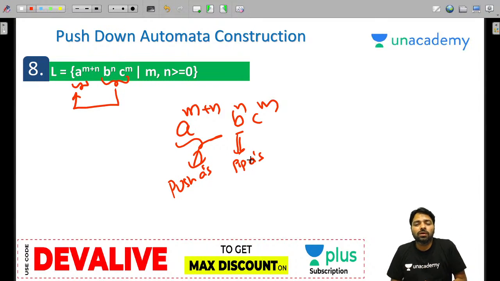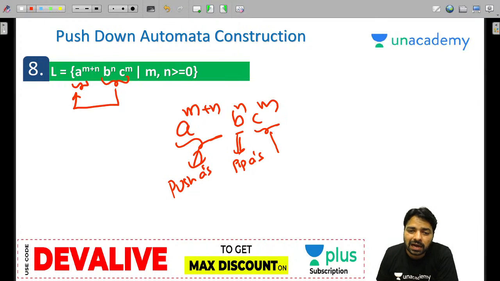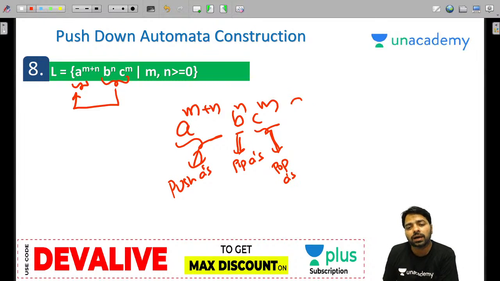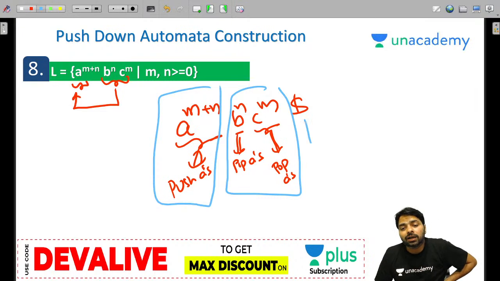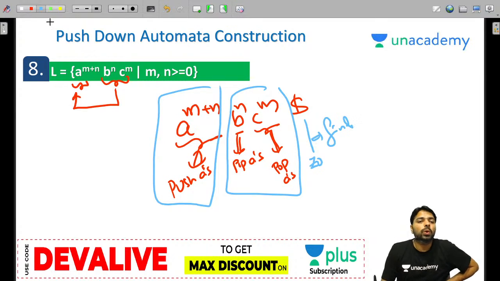We don't know n. Whenever the b's are over, c comma a happens, that time the n value is known. Then when c comma a comes, after some time start popping a's. When dollar comes, if really these two are equal to the total a's, then dollar comma z naught definitely happens, then go to final. So it is DCFL.